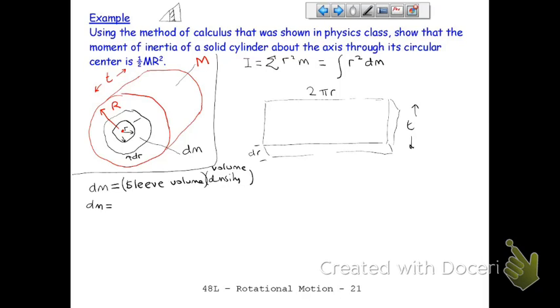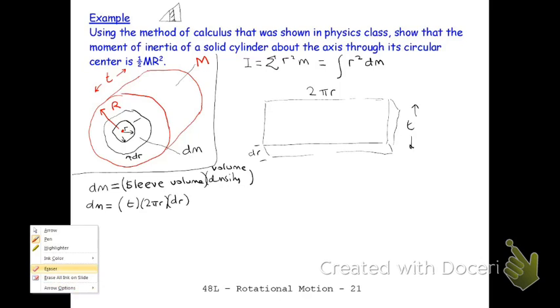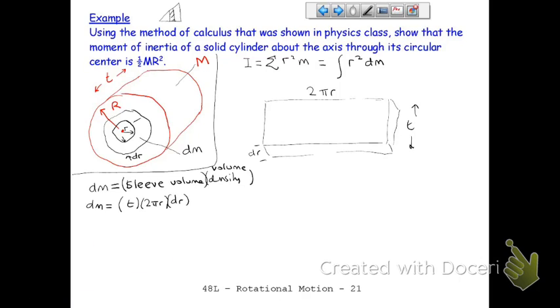But it's the circumference, isn't it? We took the circumference and rolled it. So that means that my sleeve volume is equal to t times 2 pi r times dr. Simple as that. Okay? I'm going to erase now, because that bit served its purpose, and I need the space later on, I think, anyway.